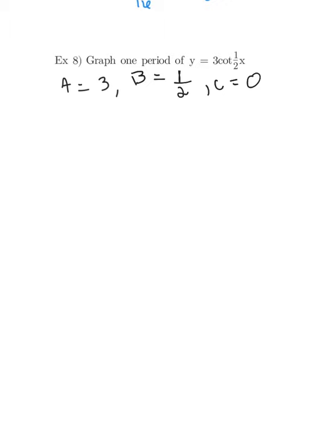B, having a value of 1/2, is going to change our period. So let's do our formula for period. Standard period length for cotangent is pi. Pi divided by B, divided by 1/2, is the same thing as pi times 2.